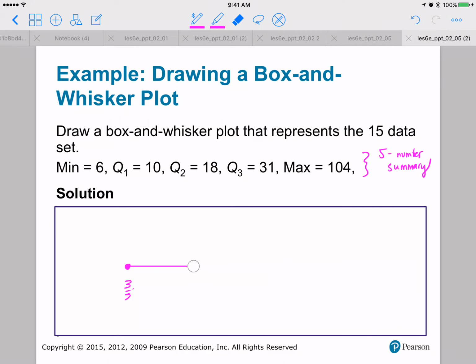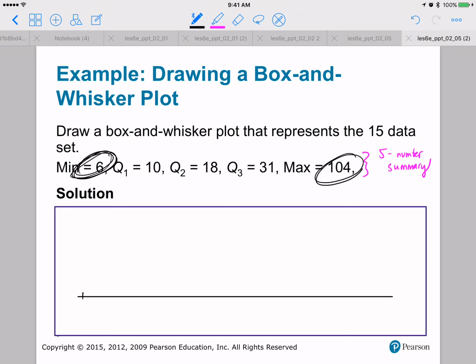So sorry about this. Here's what we do. You start off drawing your, and let me not do that in fuchsia. That's not a good color. Do it in black. You start off drawing your axis. Okay, so you just draw your axis. And now I'm just going to number it. So I'm seeing here that my min is 6 and my max is 104.